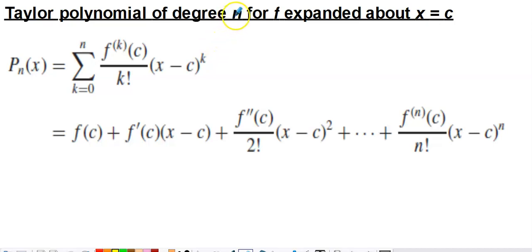One thing that you have to be careful with, and this is something that I've seen people confuse from time to time in the past, you have to be really clear on what it means by degree of a polynomial. If the polynomial is supposed to be of degree 2, if I was writing out the terms from the series in expanded form, I would need the 0 term, which you see here. I would need the first term, which you see here, because the power on the x here is a 1, and I would need this term that you see here, where the power is 2.